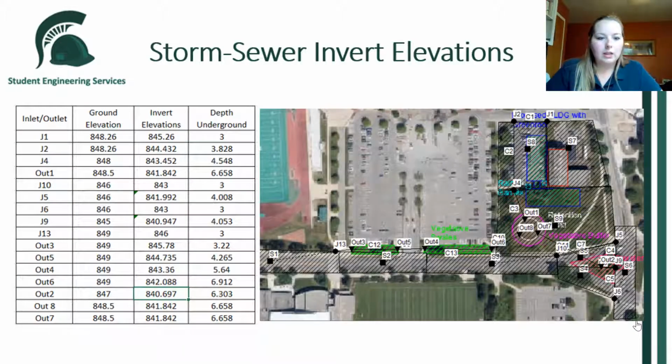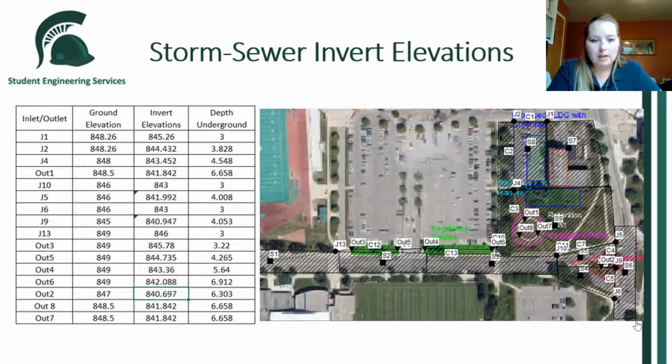So this table here shows the storm sewer invert elevations. For each inlet and outlet, I went into the AutoCAD basemap campus file and found the ground elevations at each junction or outlet. And then, according to the Ingham County Drain Commissioner's manual, each pipe has to be at least 3 feet depth underground.